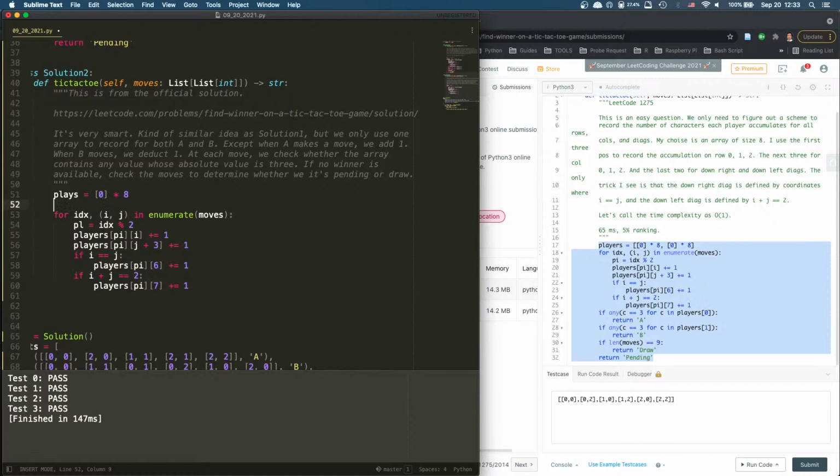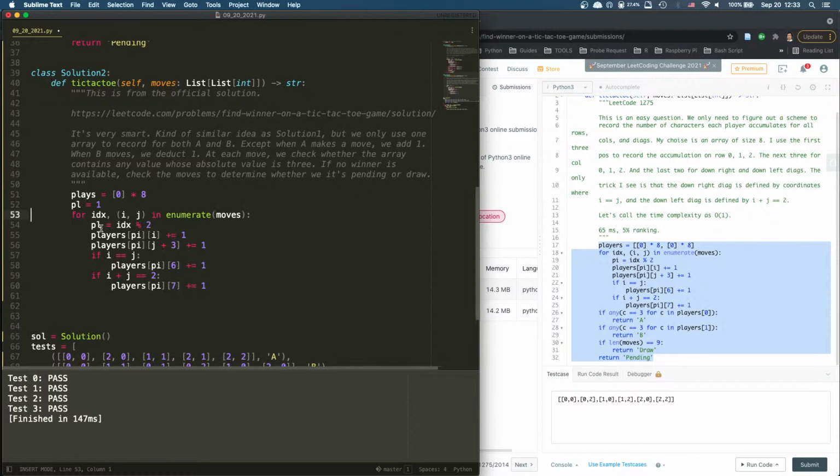Actually, no. Plays is this. Play can be 1. And then we just need to do for i, j, not enumerate, just in moves, right? i, j in moves. So I have play.